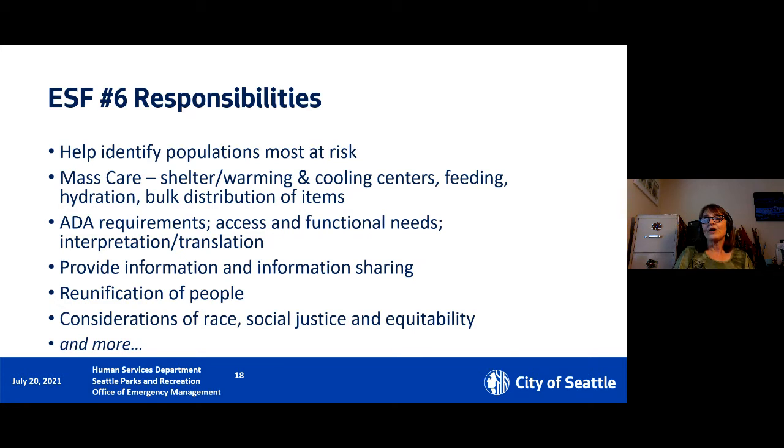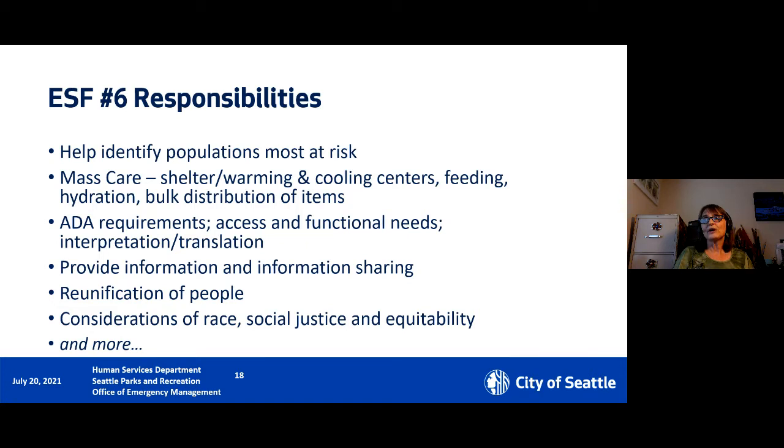We are also looking at ADA requirements. So any services and resources that we provide need to meet ADA requirements and be accessible. Addressing access and functional needs, interpretation and translation can be some of those.